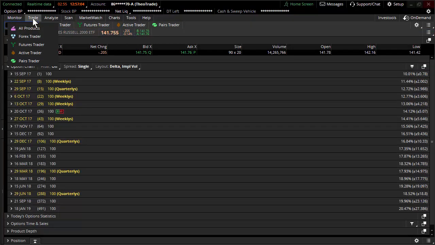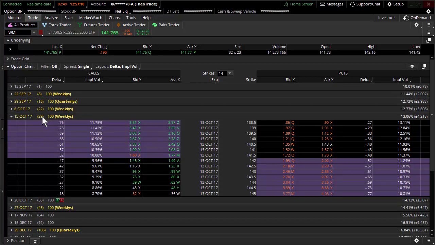So now I'll go over to the trade tab, and inside of the trade tab, you look out about a month. I'm going to open up the 29-day options here to make an important point. Then I'll look to the far right-hand side of the screen. This is the expected move.